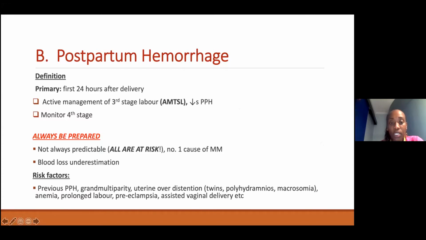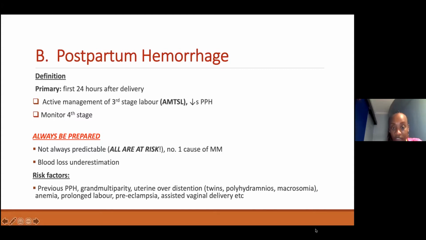As much as possible, run routines in your unit, so that if you're woken up at midnight for postpartum hemorrhage, you have a good idea of how to go about it. By definition, this is the bleeding that is present in the first 24 hours after delivery. As a note, when you actively manage your third stage of labor, it truly reduces your incidence of postpartum hemorrhage, and this has been validated by trials.